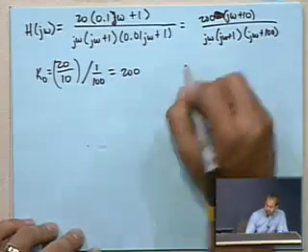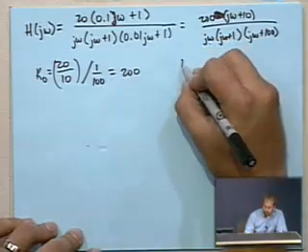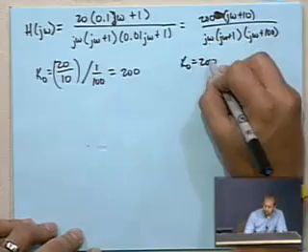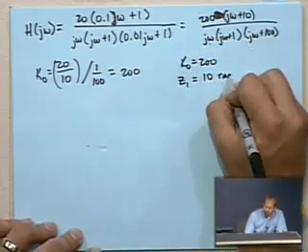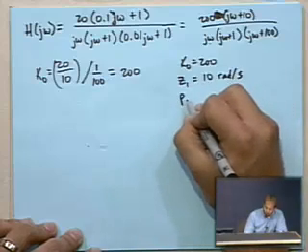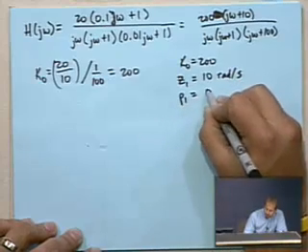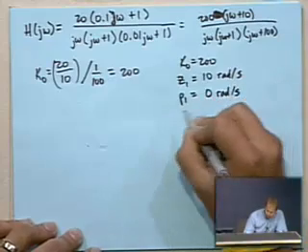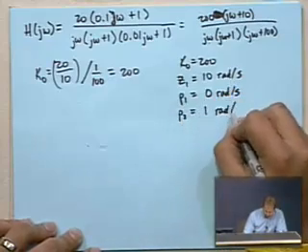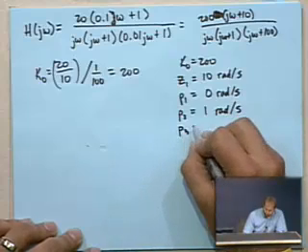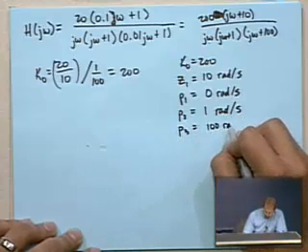So let's put down our values. We got our value of k0 as 200. Our zero frequency is at 10 radians per second. Pole 1 is at 0 radians per second. Pole 2 is at 1 radian per second. And pole 3 is at 100 radians per second.